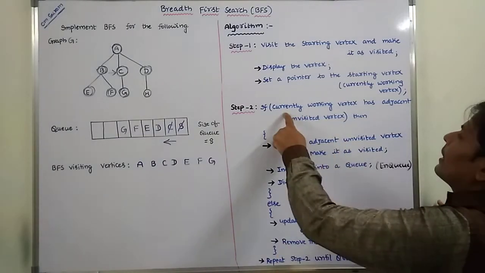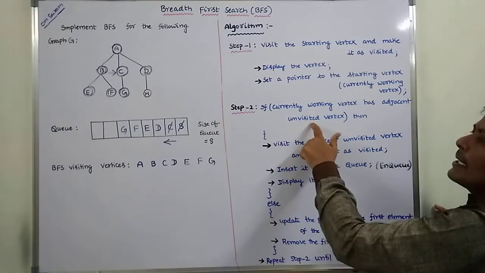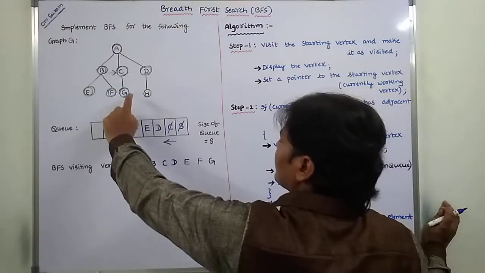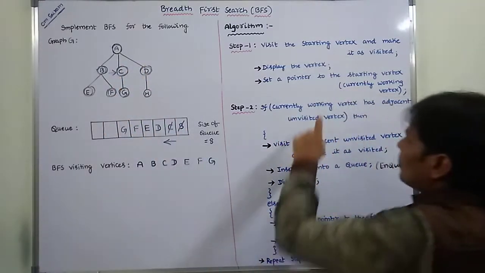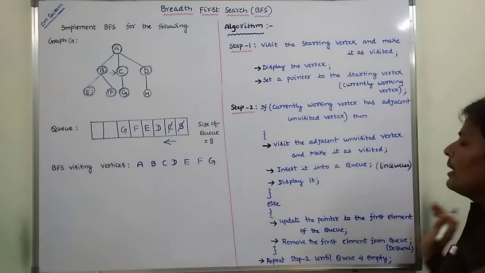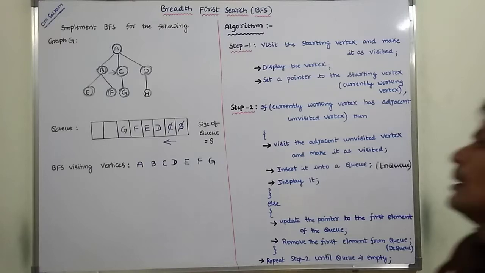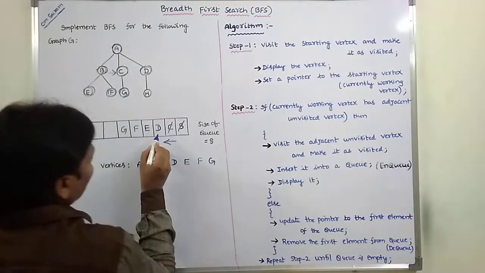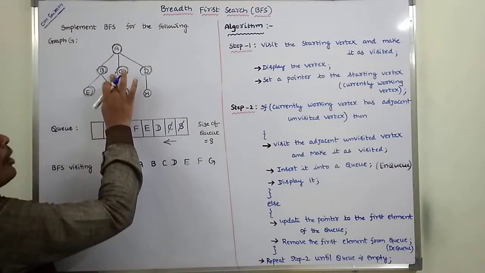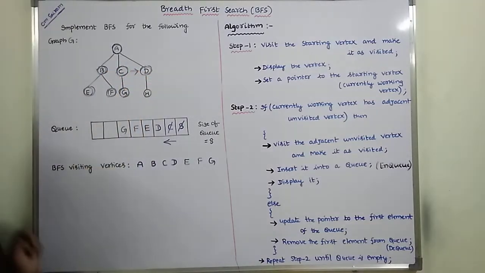If the currently working vertex, that is C, has adjacent unvisited vertices, there are no unvisited vertices for vertex C. So now this condition is false, so it goes to the else part. Update the pointer to the first element of the Q. After that, the first element of the Q is D. So update the pointer from vertex C to vertex D.